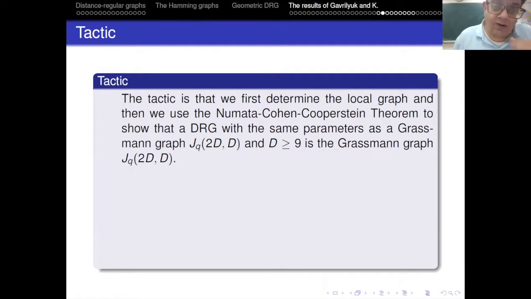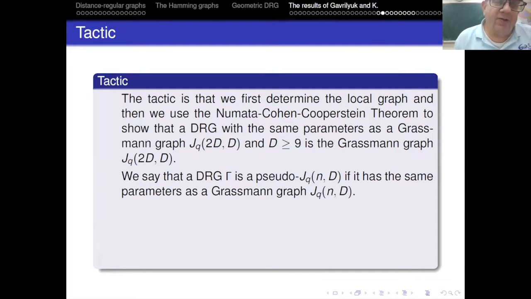So first we have to figure out what the local graph is. And after that, we will go from the local graph to the global structure. But the moment we have the local graph, we don't know whether the graph is geometric or not, because we will see that every edge lies in two delta cliques, so not one.